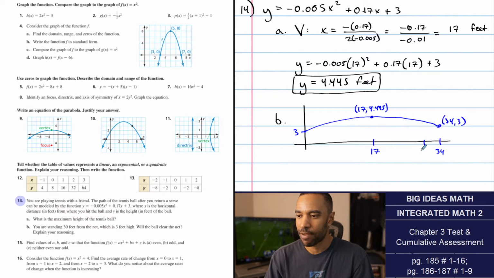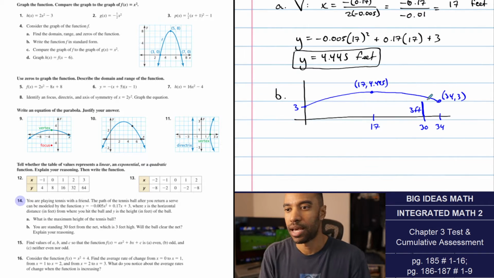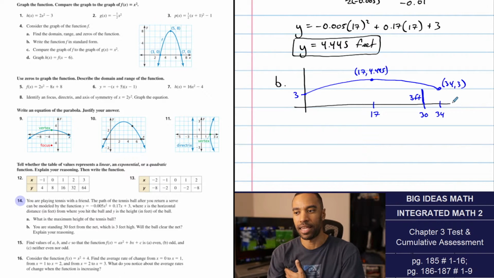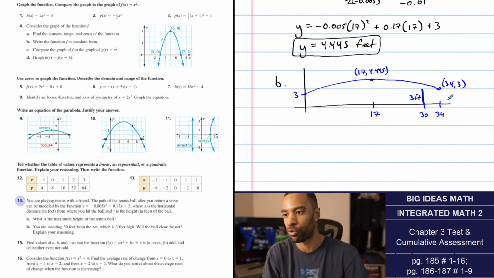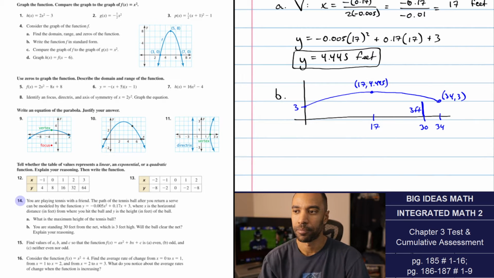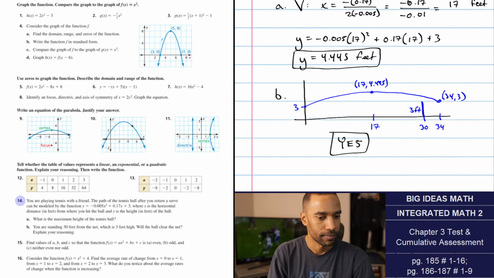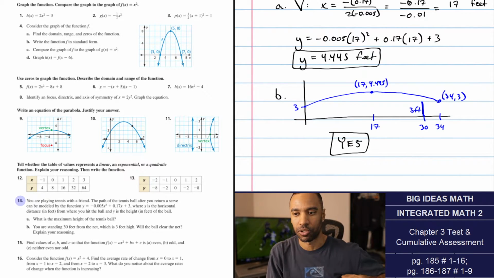And they're asking if at 30 feet there's a net there that's 3 feet high, will it clear it? The answer is yes. Yes, it will. Because it doesn't hit 3 feet of height again until 34 feet later, which is 4 feet beyond the 3-foot net. So yes, this will clear it. My visual and my verbal explanation will be enough for me for explaining my reasoning. Yes, it'll clear the net.